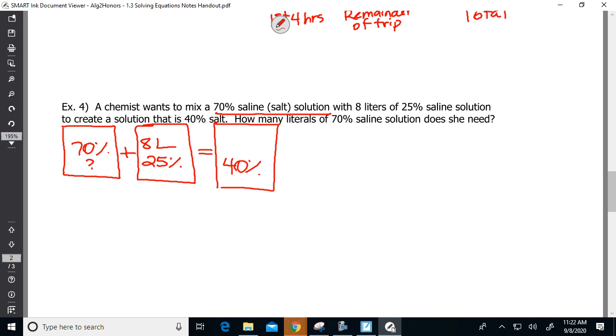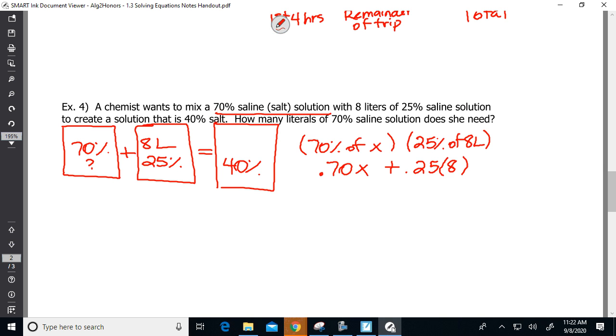So you have a 70% solution, 70% of something that we don't know. So that's 0.70x. Plus 25% of 8 liters. So that's 0.25 times 8. To create a solution that is 40% salt, 40% of the total.